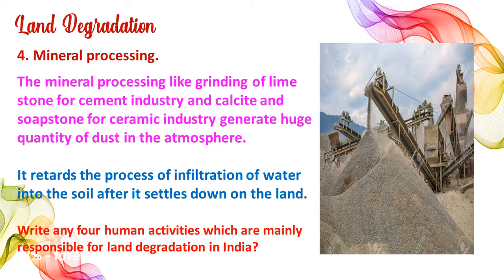Industrial effluents have also become a major source of land and water pollution in our country. Students, land degradation is the most important topic in our chapter. This question may be frequently asked for 5 marks. It may be asked as: write any 4 human activities which are mainly responsible for land degradation in India.